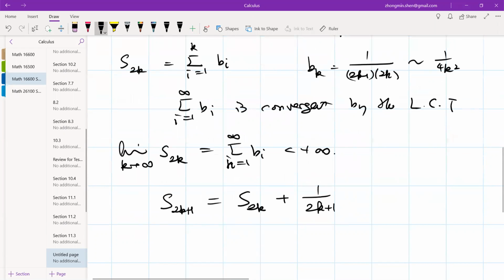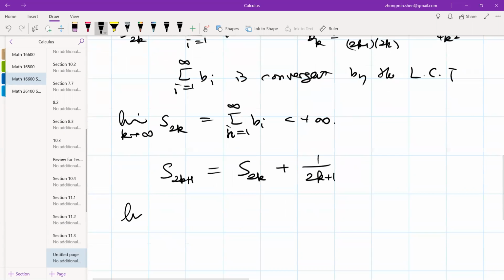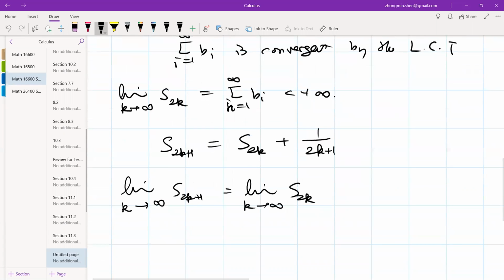But if this is convergent, then the second term approaches 0. So the limit as k approaches infinity of S_(2k+1) is going to be the limit of S_2k.